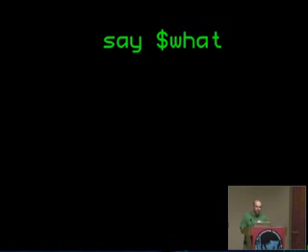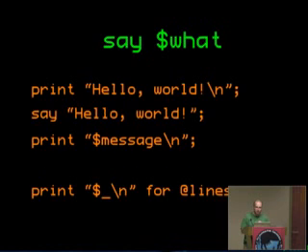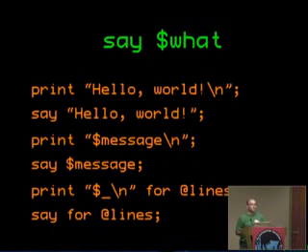Okay. The time I use say the most is when I'm writing one-liners, right? The way I used to always write my one-liners was with perl -le, stick on an extra new line when you print, and then evaluate my code. You don't need that l if you have say, but you don't have say unless you use feature say.